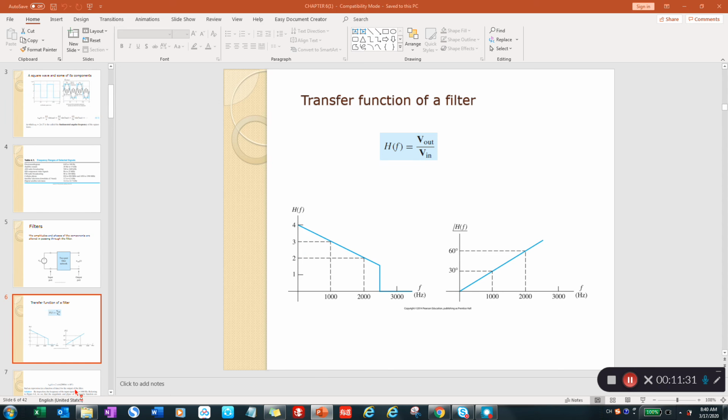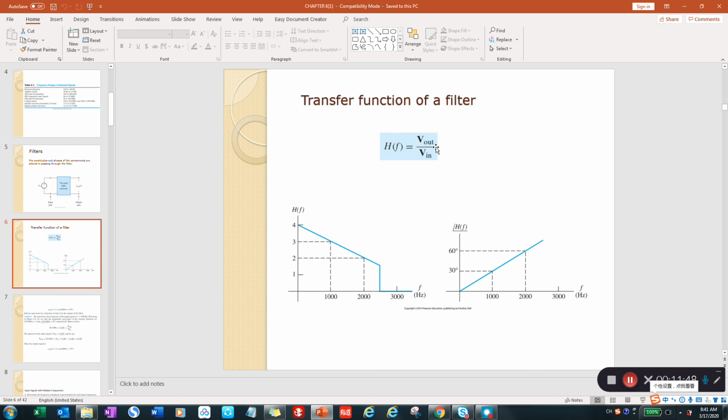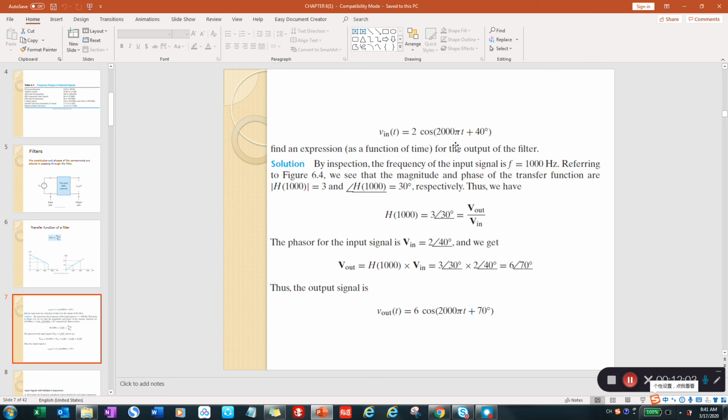Now let's look at an example. Here you can see our input signal is 2 cosine(2000 pi t + 40 degrees). And this is our transfer function. This graph indicates the amplitude change, and this graph indicates the phase angle change. We first need to understand what our frequency is, because as we said, if you have different frequencies, the frequency response will be different.